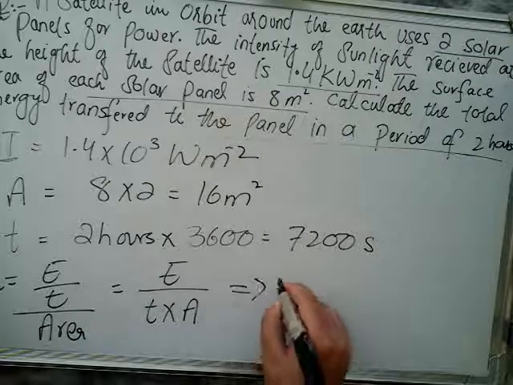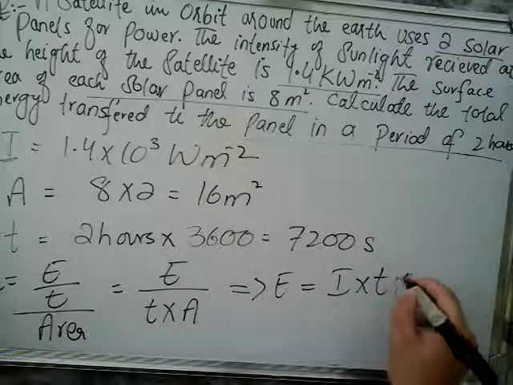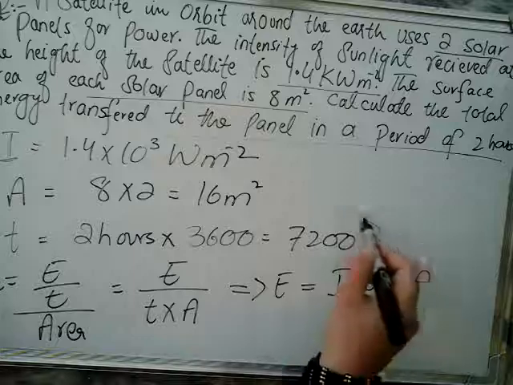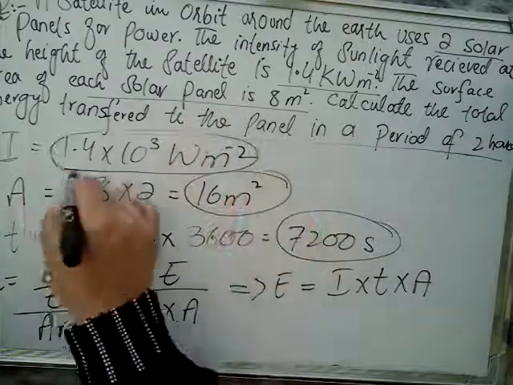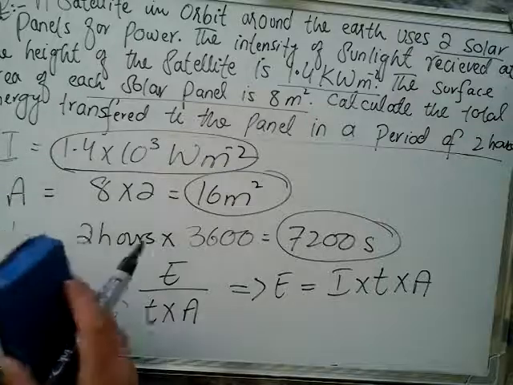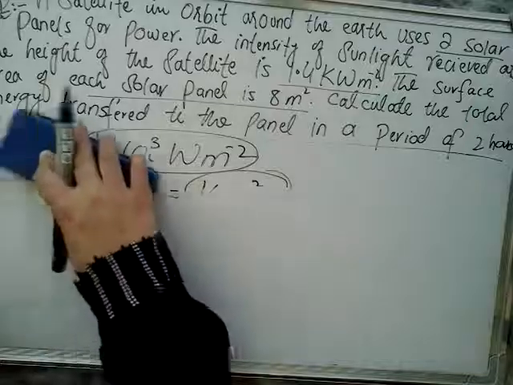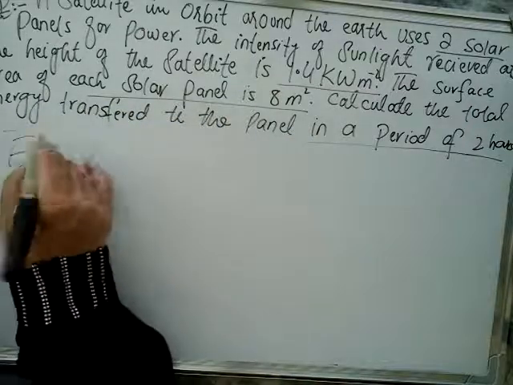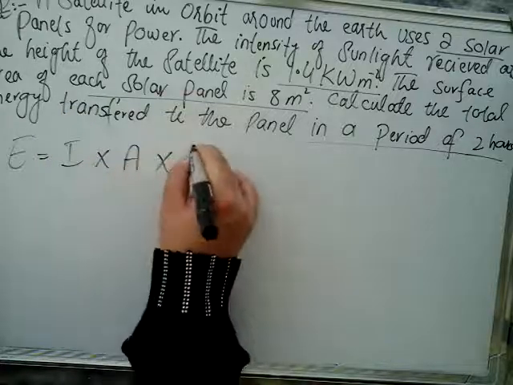So the energy would be equal to intensity multiplied by area multiplied by time. So we are going to multiply all these three values with each other. So energy is equal to intensity multiplied by area multiplied by time.